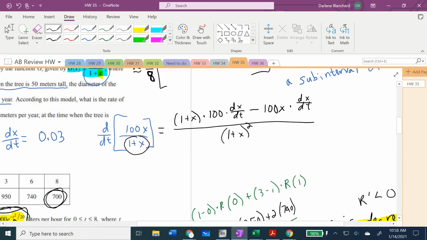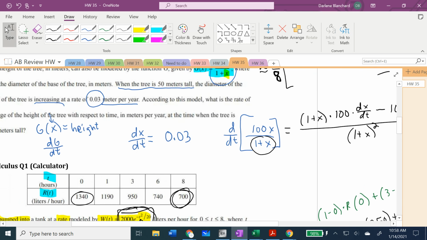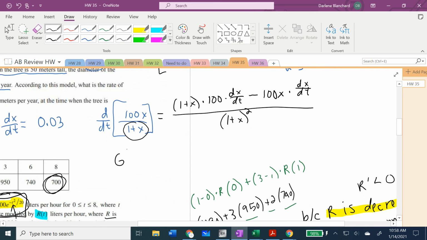If you look at the result of how the AP test wrote this, they wrote that your g prime of t is the derivative of g with respect to x multiplied by dx dt. And realize that this is the chain rule. This is basically saying that g has a function inside of it that is x with respect to t.